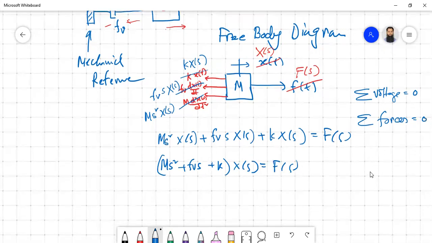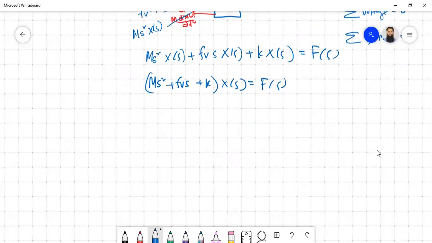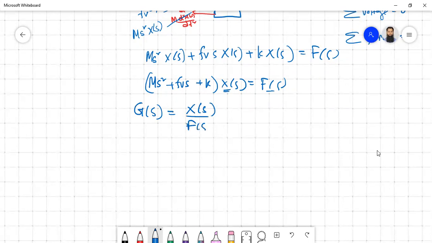If you want to find the transfer function, then your G(s) is output by the input. So basically X(s) by F(s), which will give you 1 by (m s square plus fv s plus k).